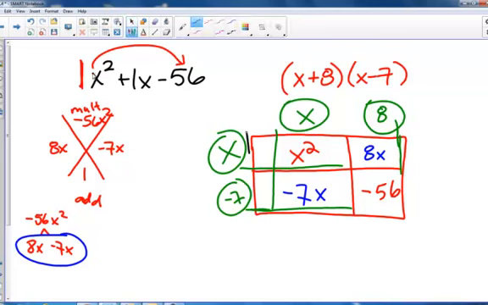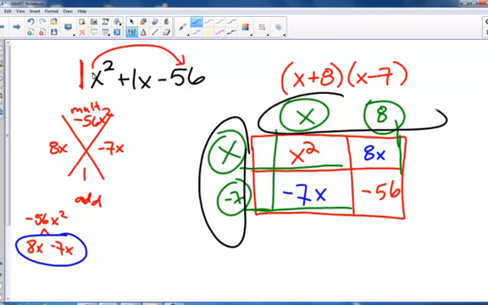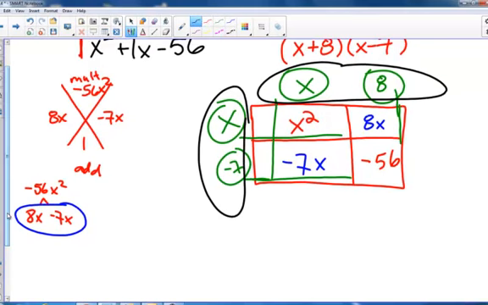And that is how you get your factored form with the box. You could do this in the other way I showed, writing out the 1x squared plus the 8x plus the negative 7x plus the negative 56.